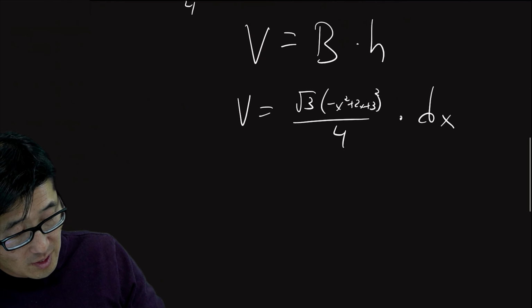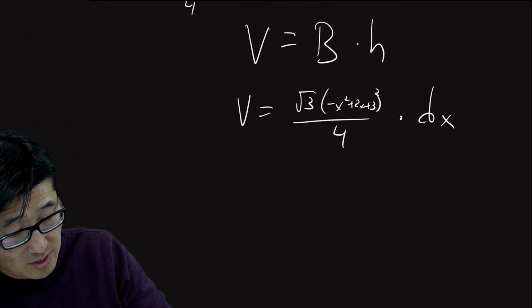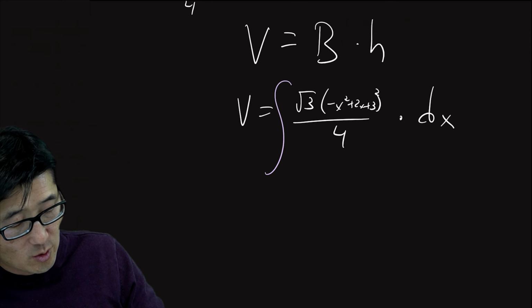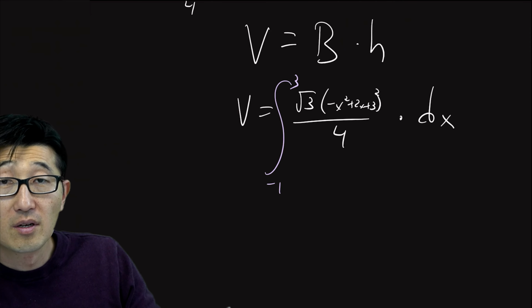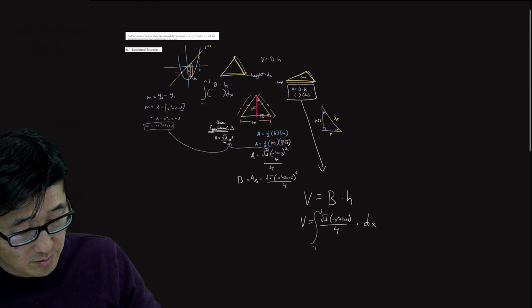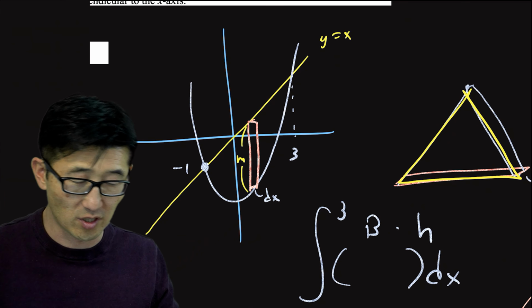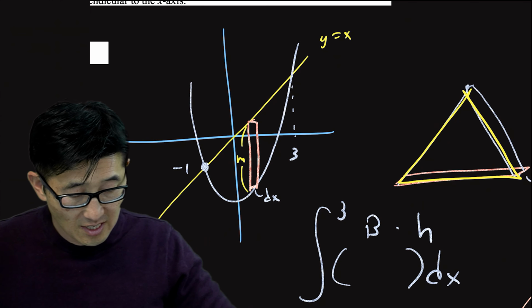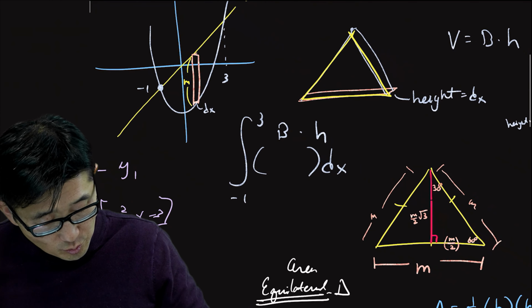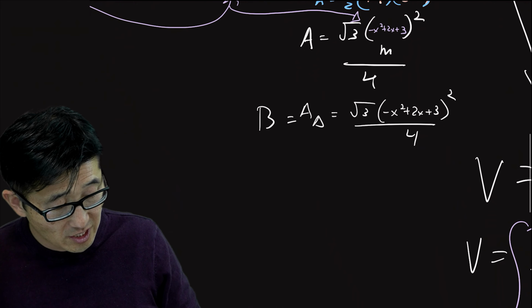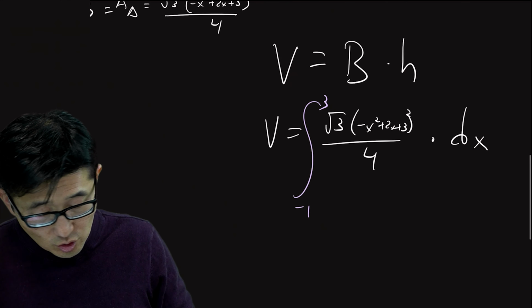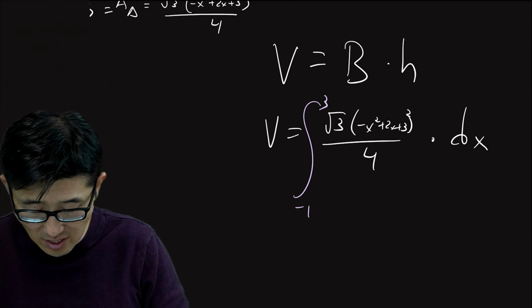Okay? And again, all we do is slap on the integral symbol, and we're going to go from negative 1 to 3, as we see here, so negative 1 to 3 of a bunch of thinly sliced equilateral triangle prisms. And again, this is a calculator problem, so just type it in carefully. And what do we have?